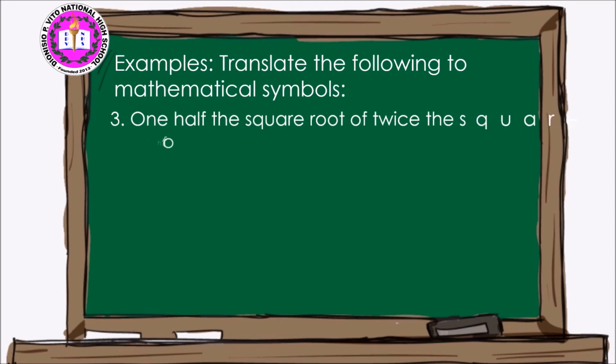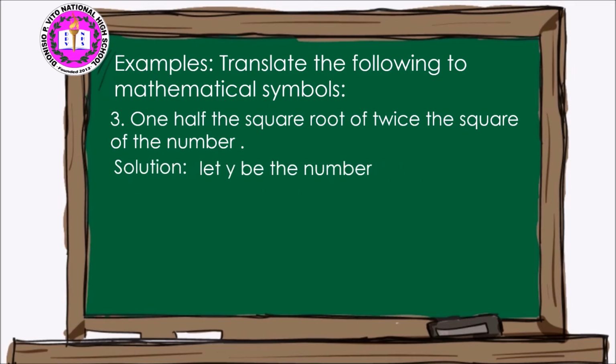Third example. 1/2 the square root of twice the square of the number. Our solution? Let y be the number. Twice the square of the number, so we have 2y squared, because that is twice the square of the number.